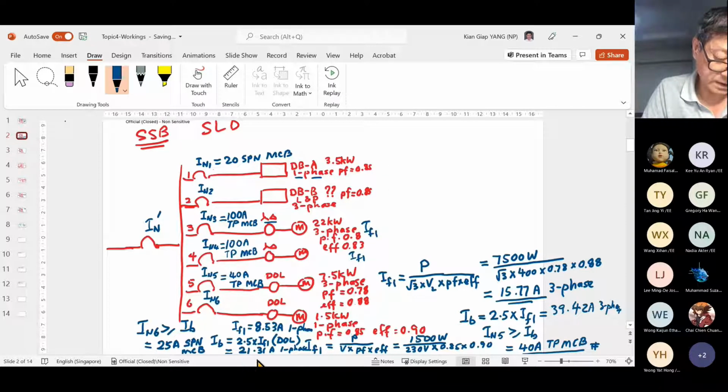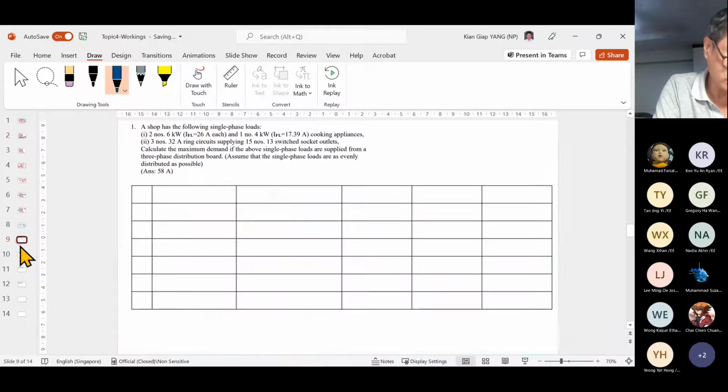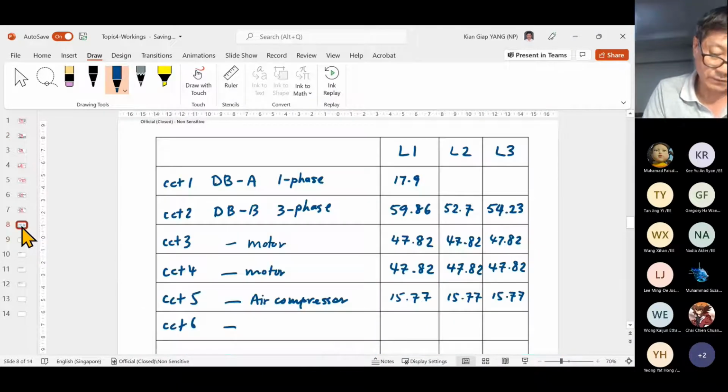Single phase, 8.53 by single phase. So single phase, I only need to put in one of the phase, 8.53. Since I already have a single phase here, I'll put here 8.53. Okay, so this one is a molding machine, I think.